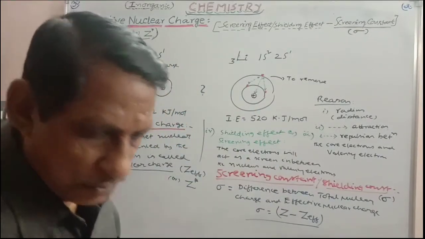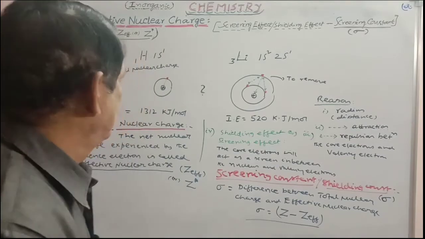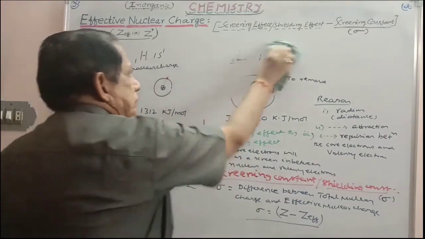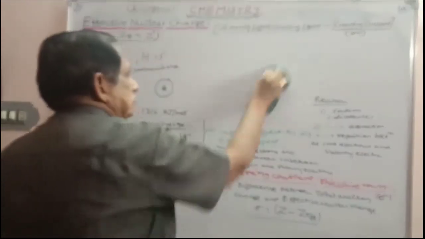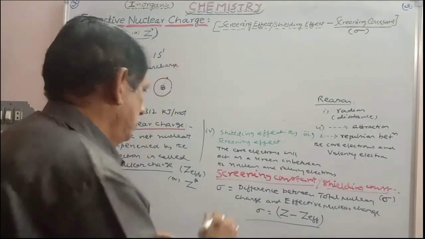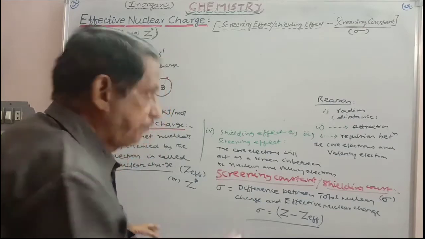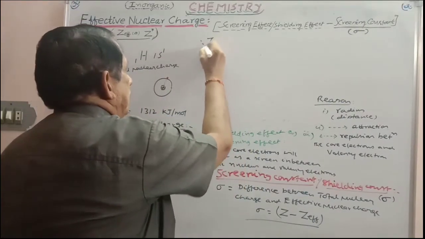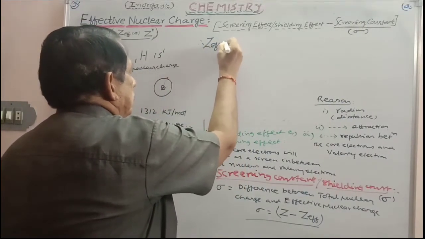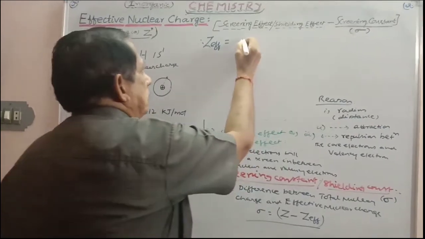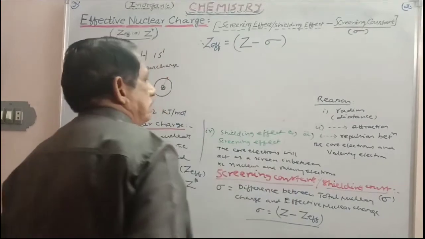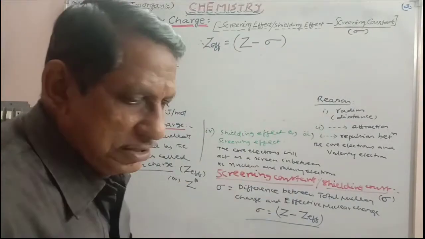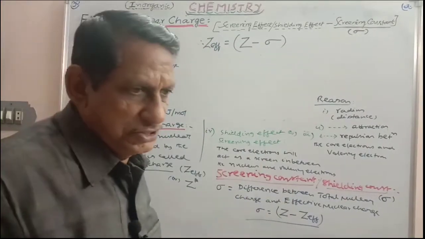And therefore, what is Z effective here? I will write here. Therefore, Z effective is equal to Z minus sigma, where sigma is called screening constant.